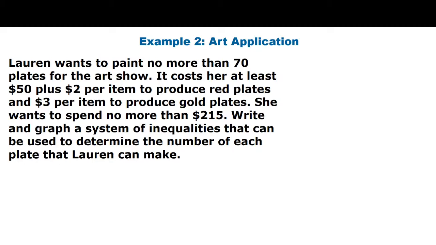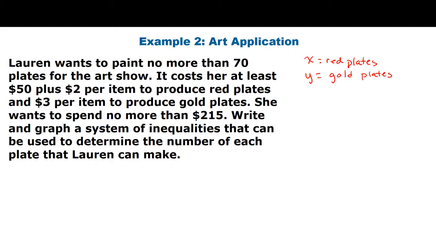Let's start with some of the simple things that we know. Let's say that x is going to be the number of red plates, so x equals red plates. And let's say that y is going to equal the total of gold plates.